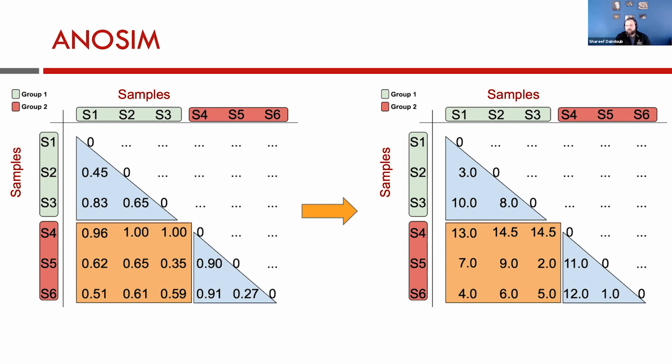So an R value close to 1 suggests dissimilarity between the groups, while an R value close to 0 suggests an even distribution of high and low ranks within and between the groups. And significance is then determined by permuting group membership a large number of times to obtain a null distribution of the R statistic.